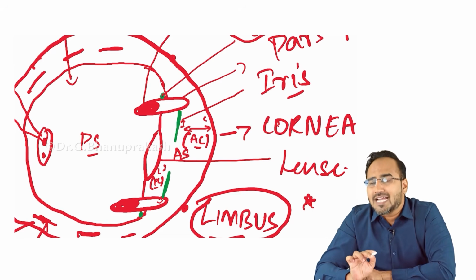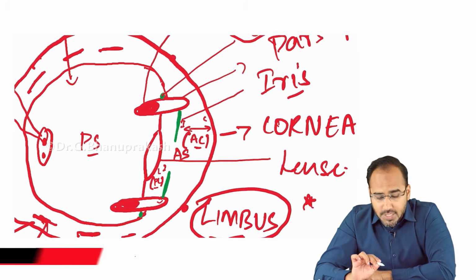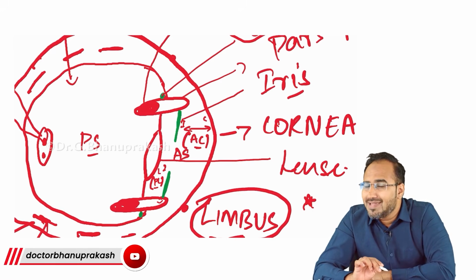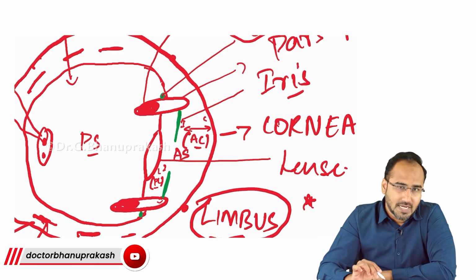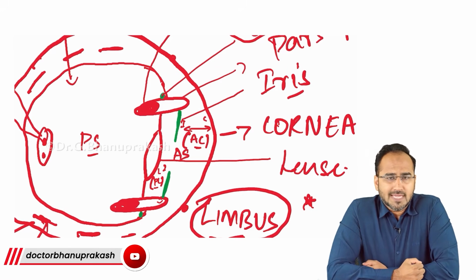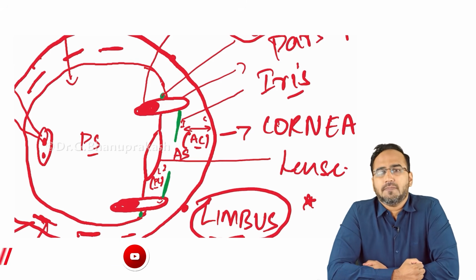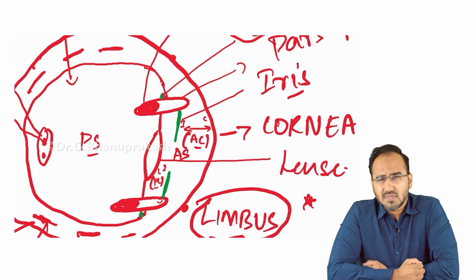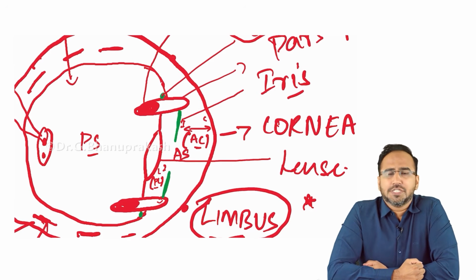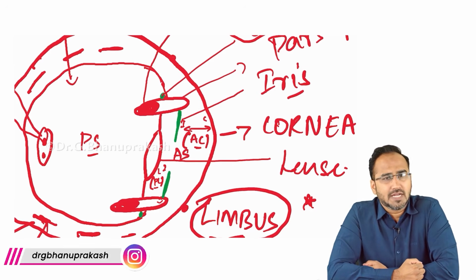To know the exact curvature of the cornea, you have to go for an instrument or measurement called as keratometry.